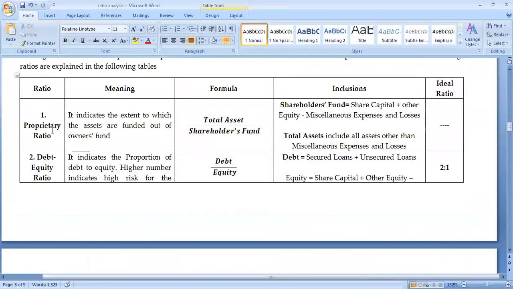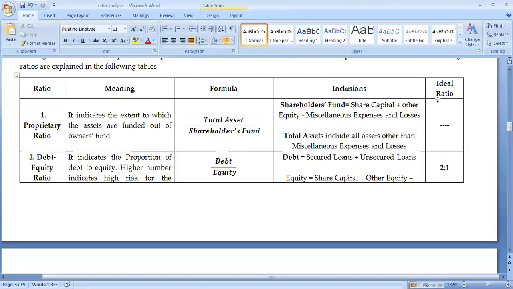So we shall see here the proprietary ratio. Proprietary ratio indicates the extent to which the assets are funded out of the owner's fund. Wherever there is only the shareholders fund, only that will be considered in the case of proprietary ratio. So total assets will be compared with the shareholders fund. Shareholders fund includes share capital plus other equity minus miscellaneous expenses and the losses.